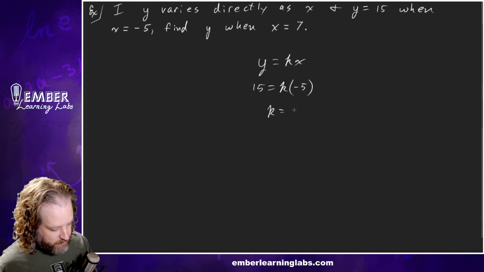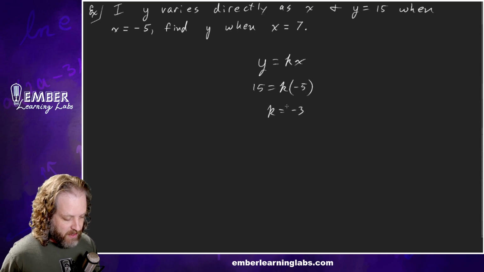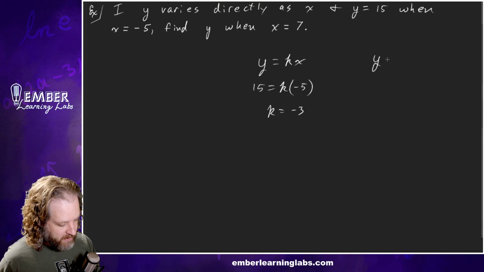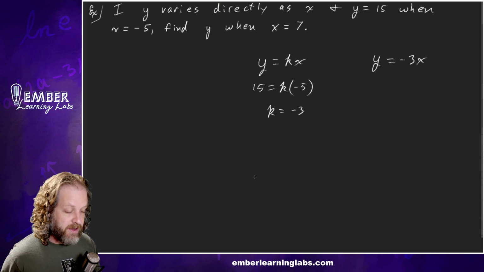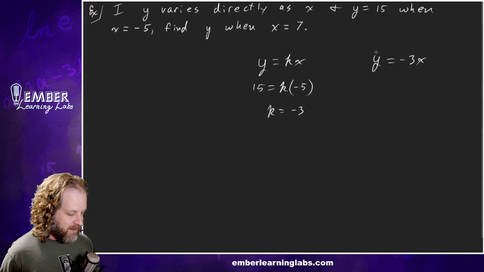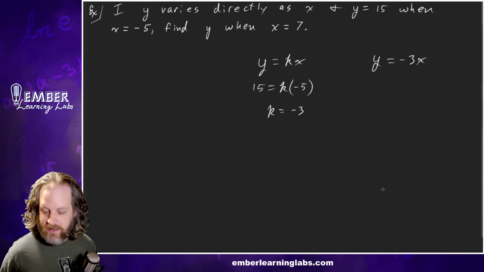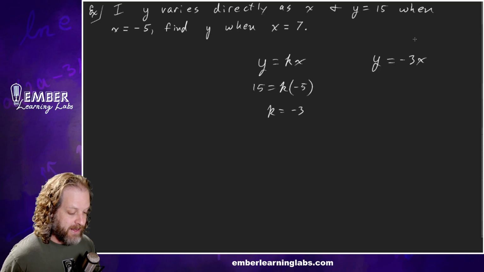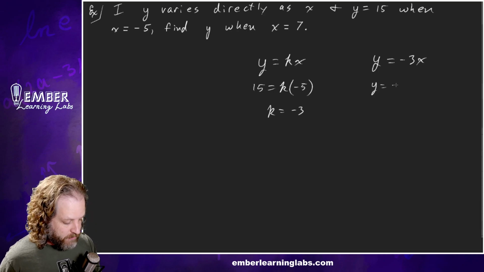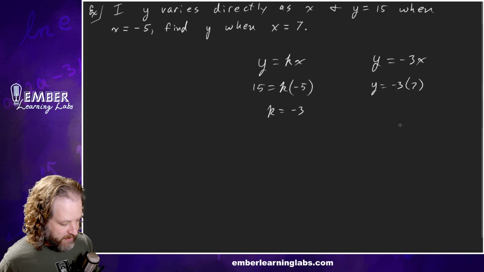So k equals -3, and our formula then is y equals -3x. A little linear function. Direct variation ones make nice linear functions, and that's probably where you learned about it. Then we're going to find y when x equals 7. We're just going to say y equals -3 times 7.